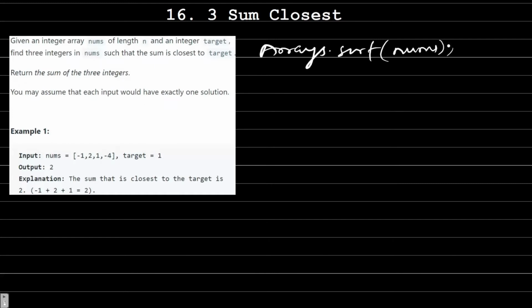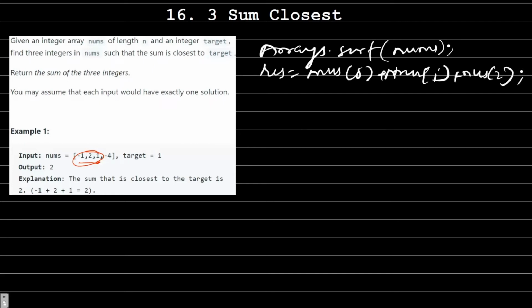The starting result can be any value, like the sum of the first three values. So the starting result is going to be equal to nums 0 plus nums 1 plus nums 2. We will be updating this result inside the for loop.